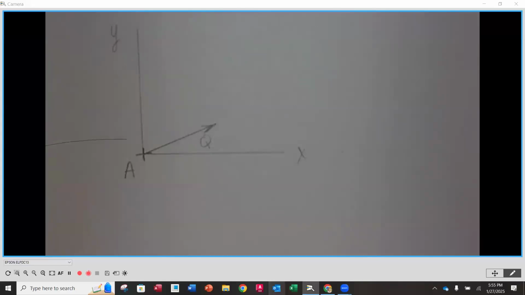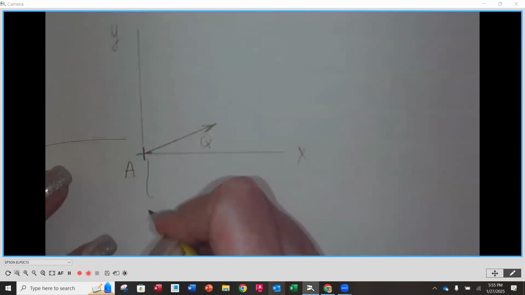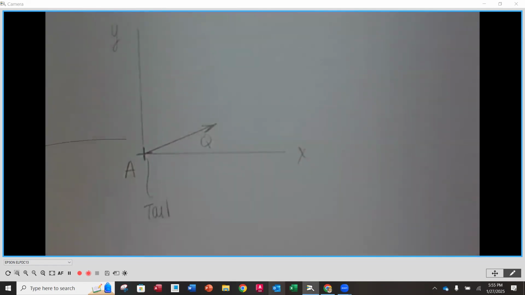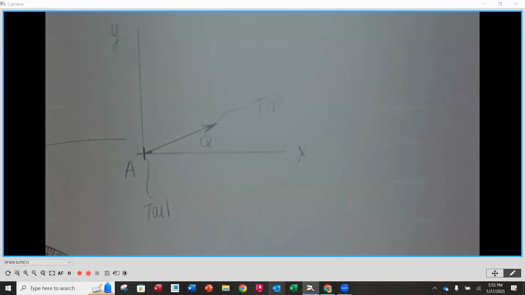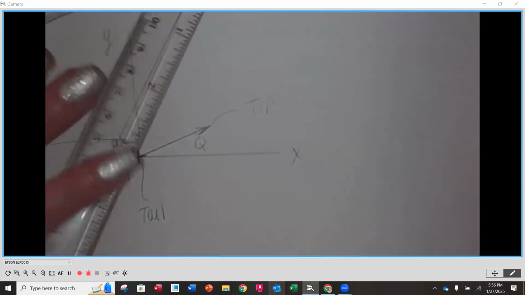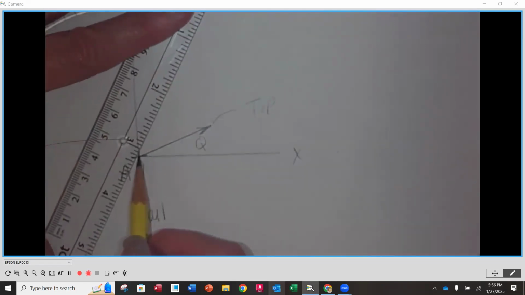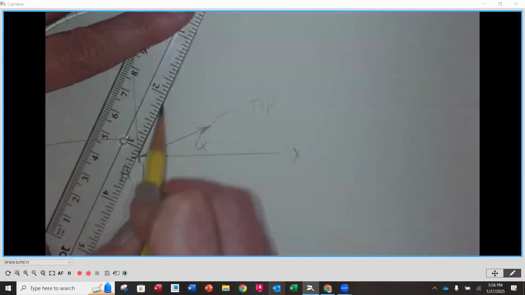What is called the tail is at the origin that we have identified as point A here. So this is the tail of that vector. The arrowhead side is called the tip. So the tail is the non-arrowhead side, and the tip is going to be the arrowhead side. The other one that we have here is going to be force P, and I think it goes something like this.